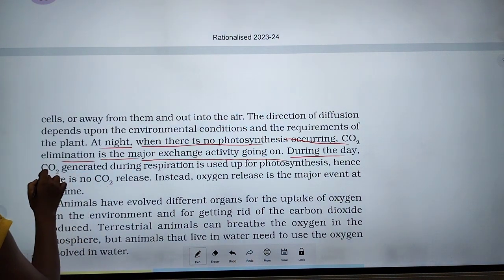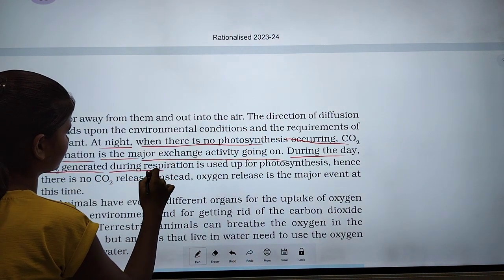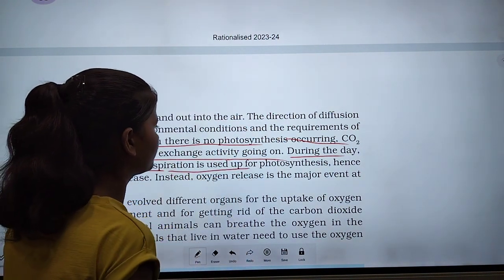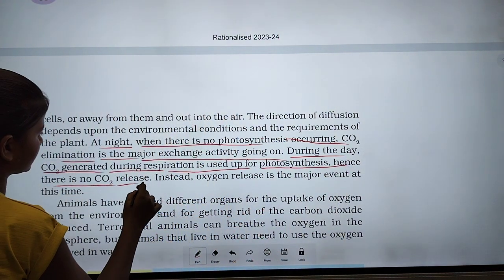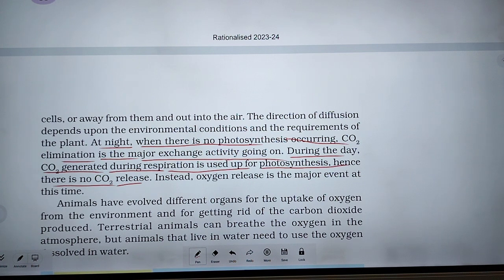During the day, the CO2 generated during respiration is used up for photosynthesis, hence there is no CO2 release. This is the condition at night versus the day.